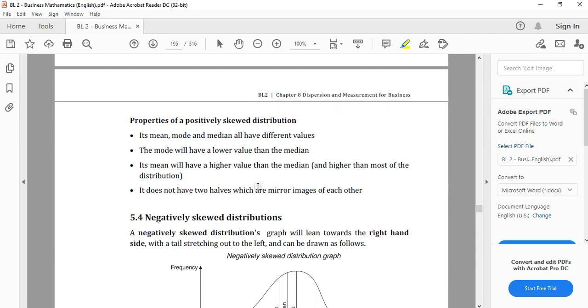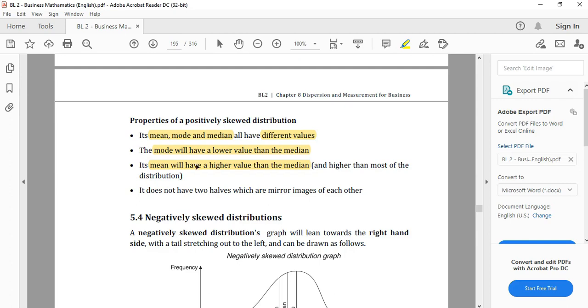In this situation, the mean, mode and median will have different values. The mode will be lower than the median, and the mean will be higher than the median, and maybe the highest. And it does not have two halves.